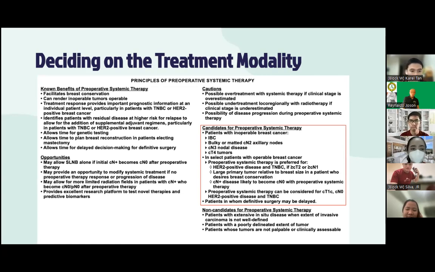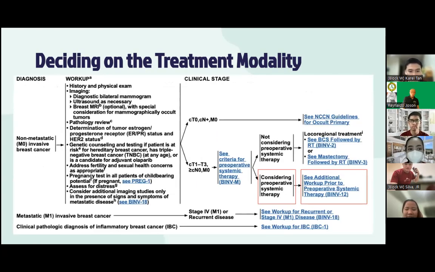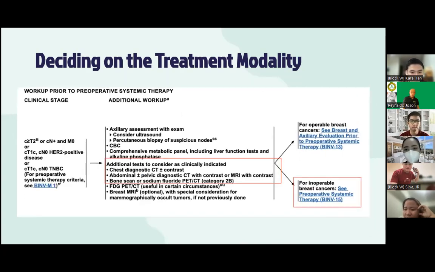Next slide, please. So again, based on the guidelines, so now that we have considered preoperative systemic therapy, we now want to look at additional workup before actually initiating it. So next slide, please. So, we need to follow these additional workups shown that weren't done yet.